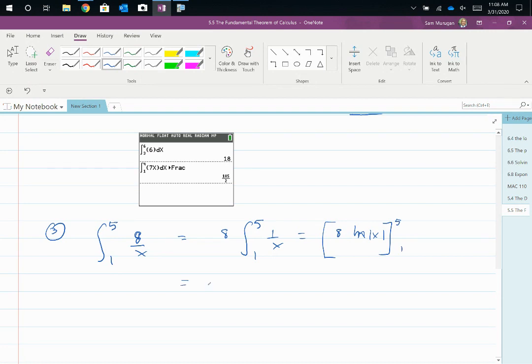So substituting, I have 8 ln 5 minus 8 ln 1, and ln 1 is equal to 0. So this is 8 ln 5.